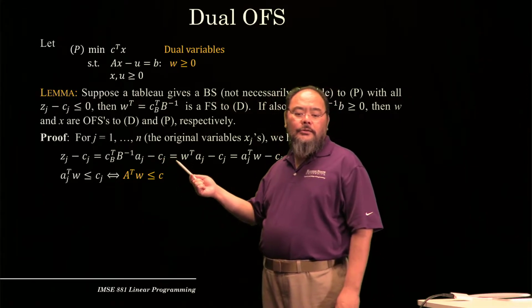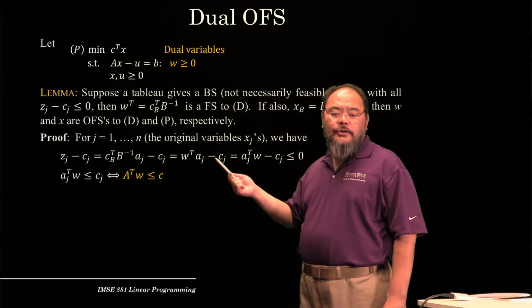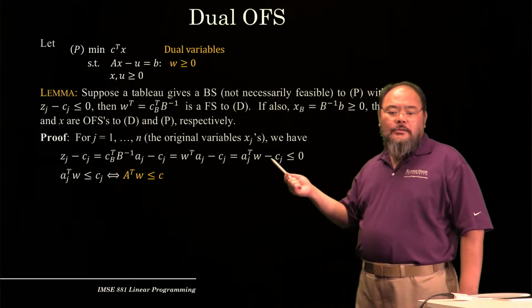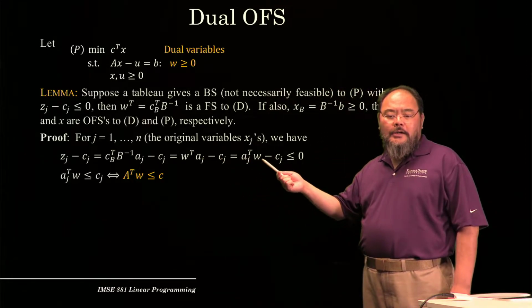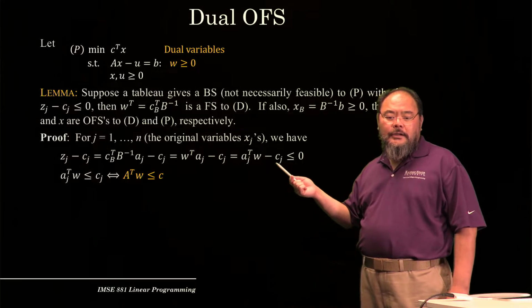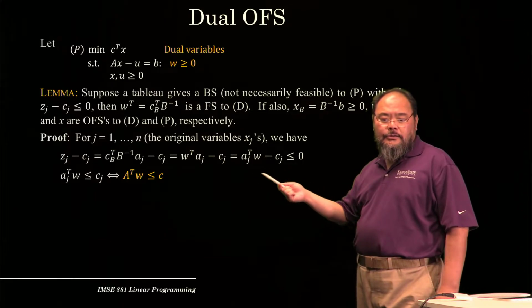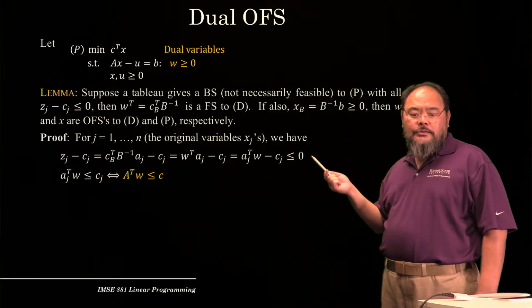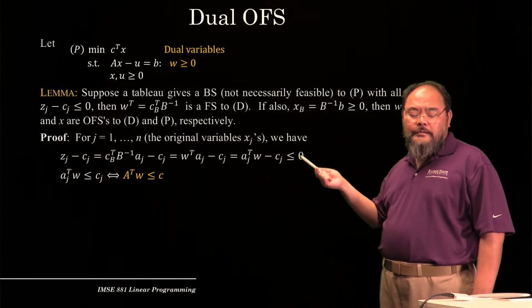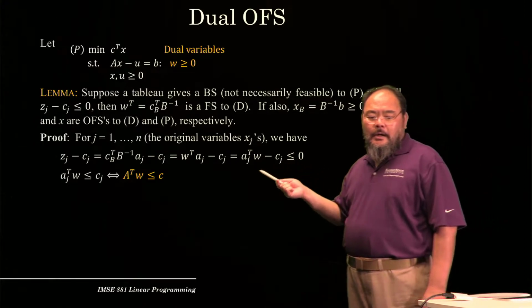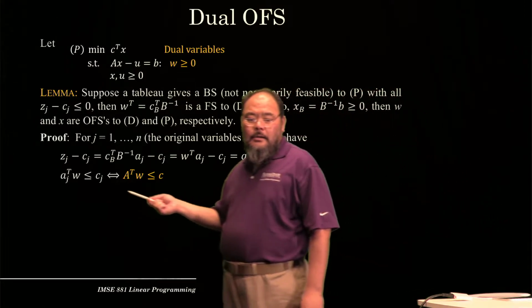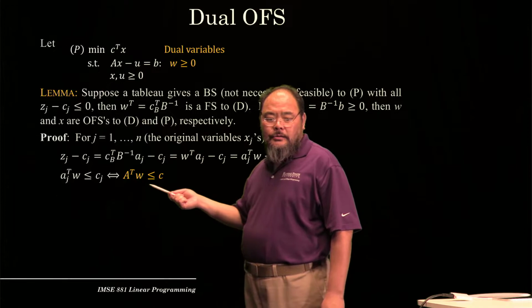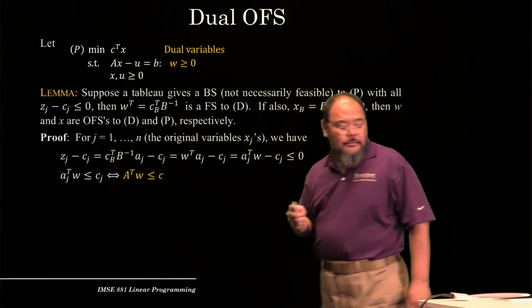It also equals omega transpose times aj minus cj, which equals aj transpose times omega minus cj. And this is exactly the dual constraint, and it has to be less than or equal to 0. So that's dual feasibility. This is the dual constraints altogether.